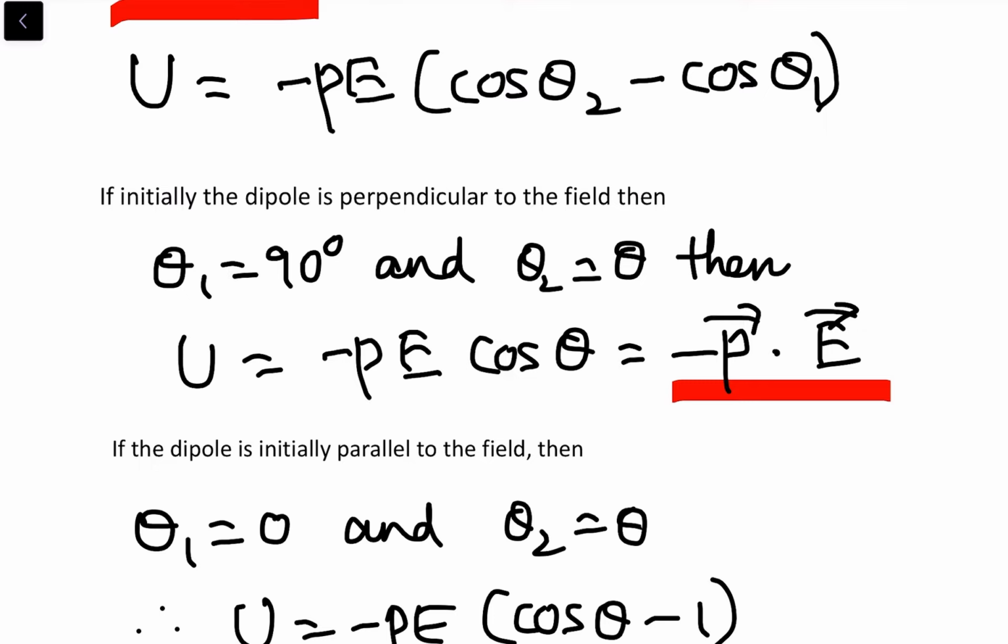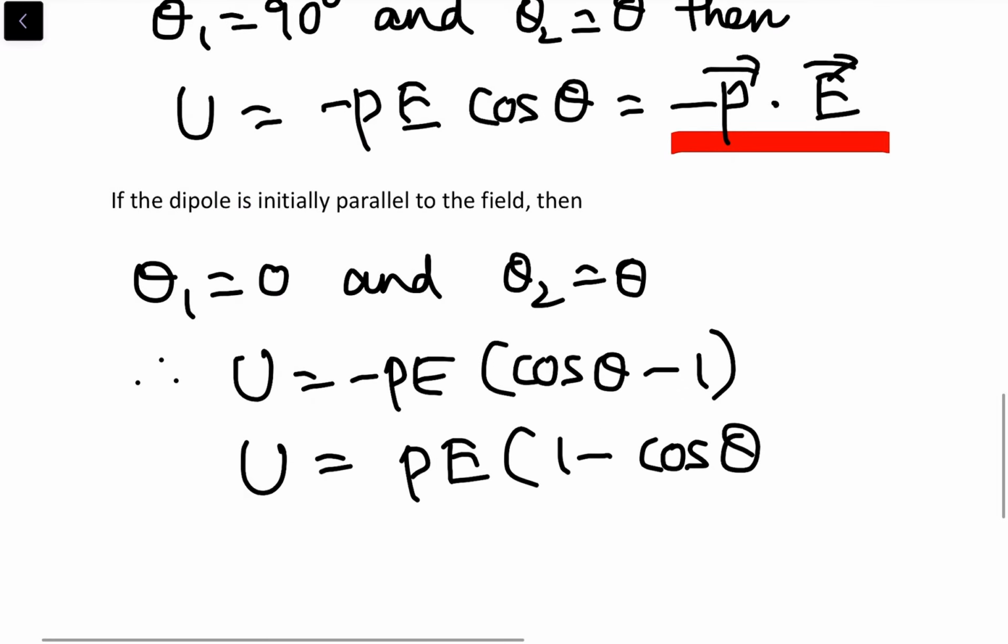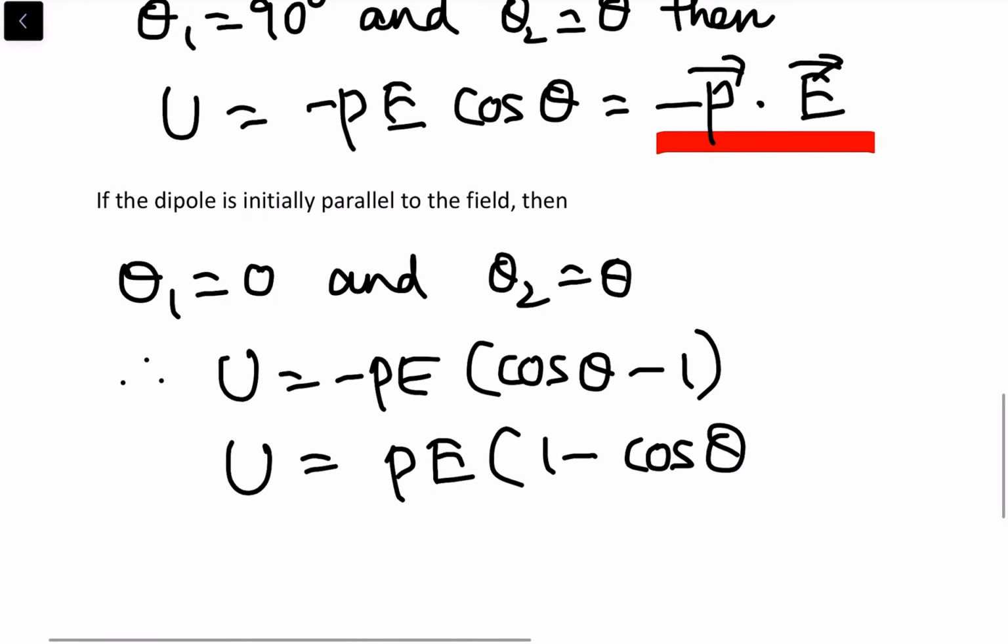Suppose initially the dipole was parallel to the field, then the initial angle theta 1 is equal to 0 and theta 2 is equal to theta, say. Then U is equal to pE times (1 minus cos theta).